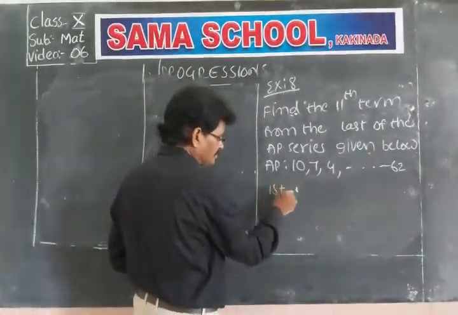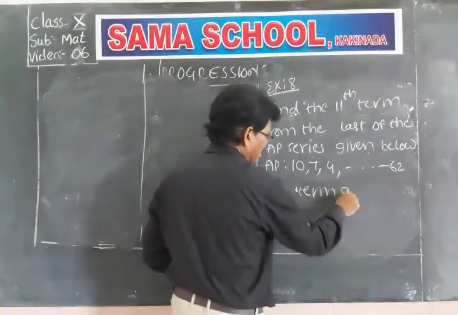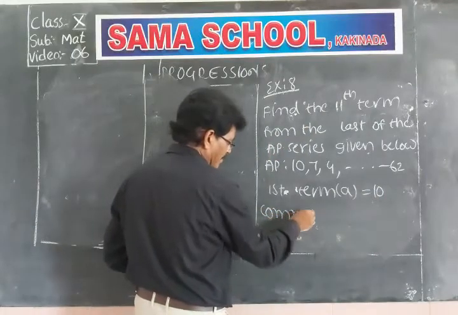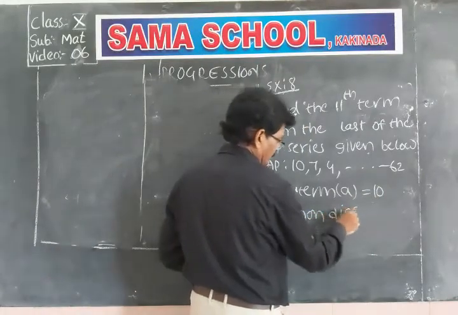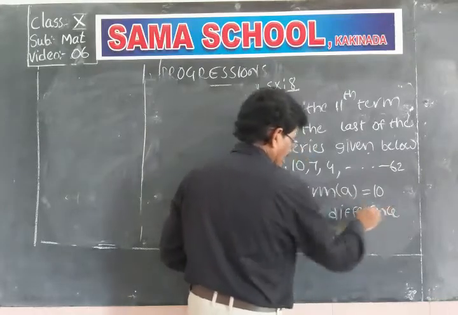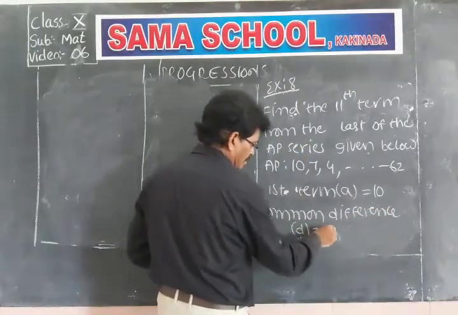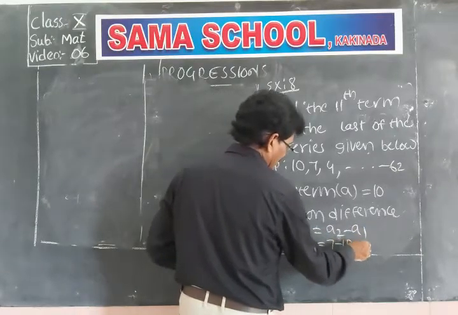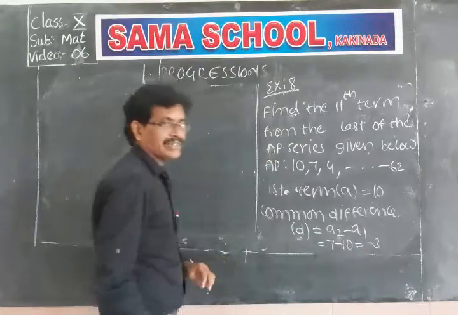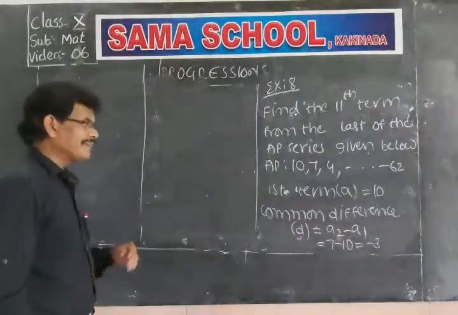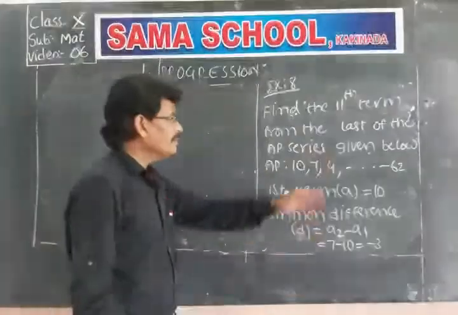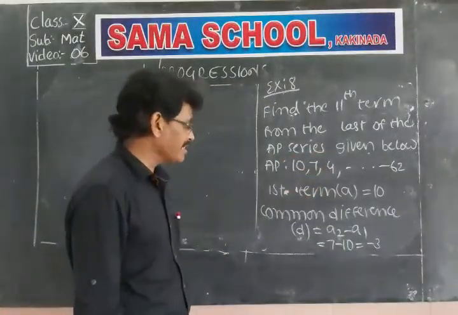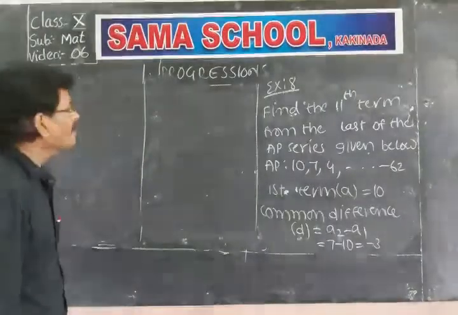Here, first term A is equal to 10 and common difference D is equal to A2 minus A1, 7 minus 10, is equal to minus 3. So common difference we have, first term we have, minus 62 is given. So first of all we should find which term is equal to minus 62.